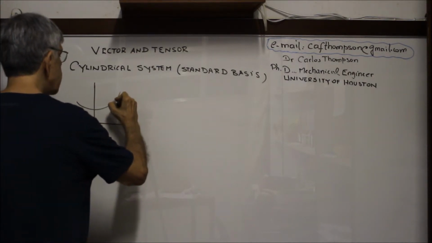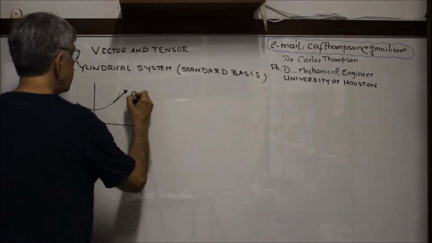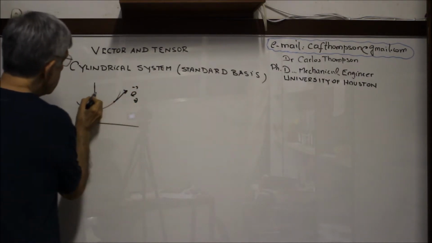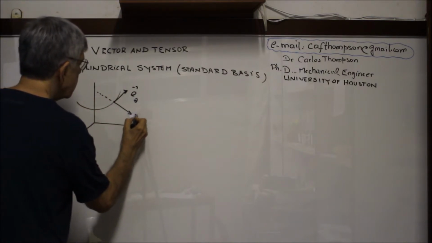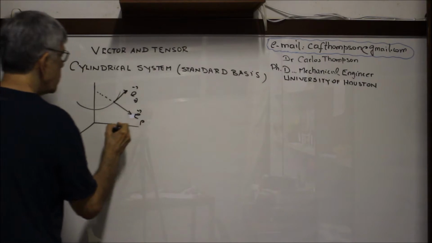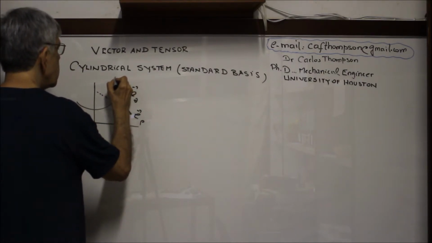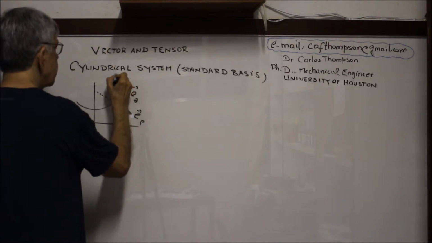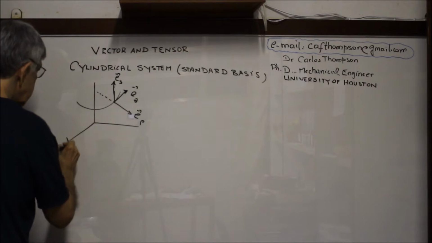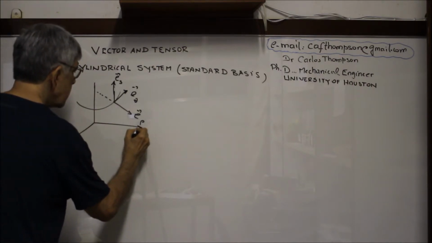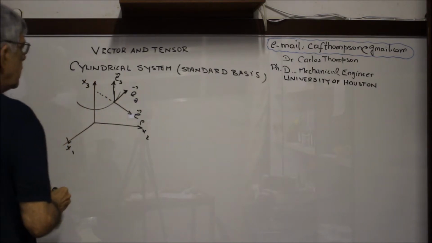One which is tangent, we call E theta. The other one is radial, we call E rho. And the third one is called E3. This is the Cartesian x1, x2, and x3.